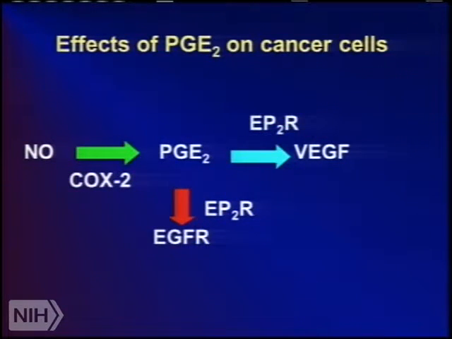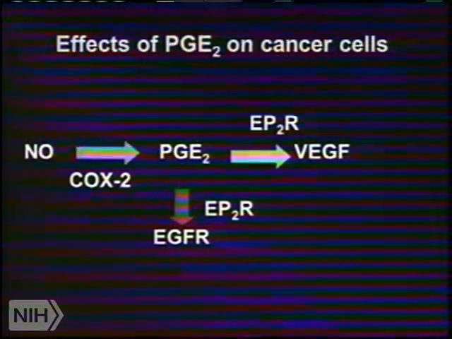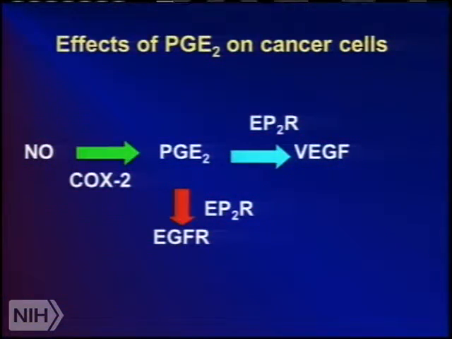So this is a pathway then that we've investigated in lung cancer cells. And so the nitric oxide will be stimulated by iNOS in the cancer cells. And then cyclooxygenase 2 will get turned on because it's got an iron at its active site.